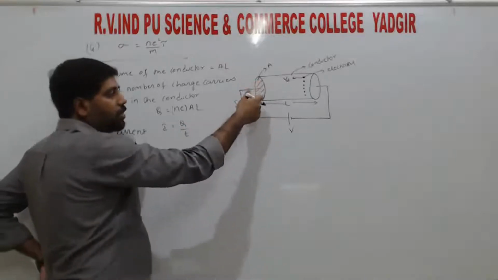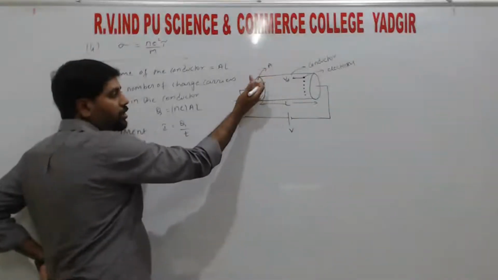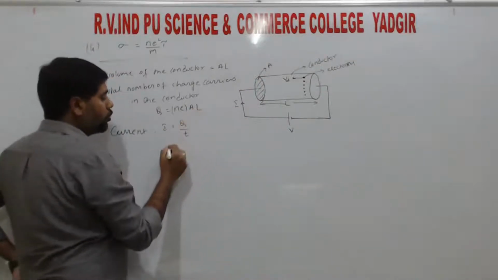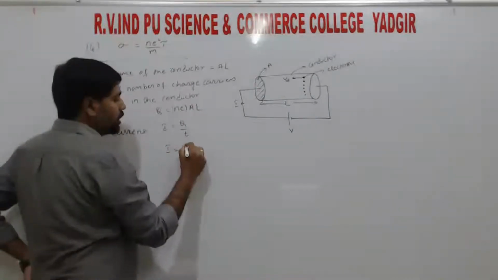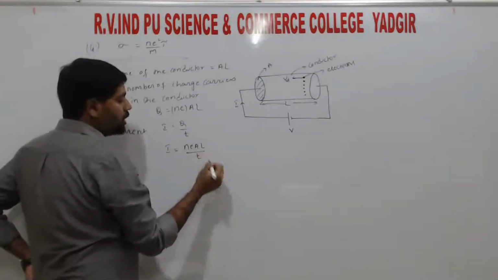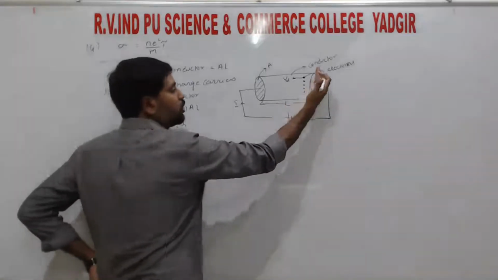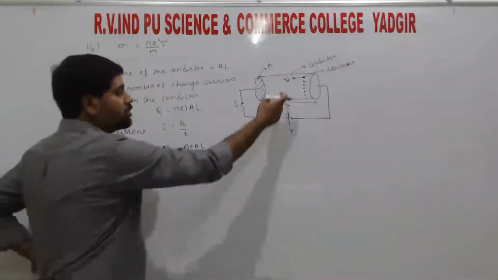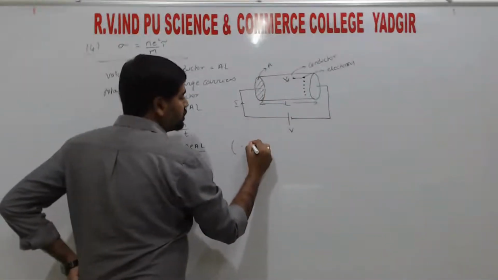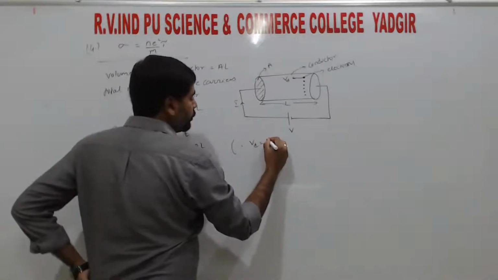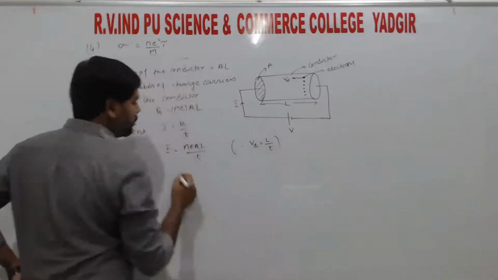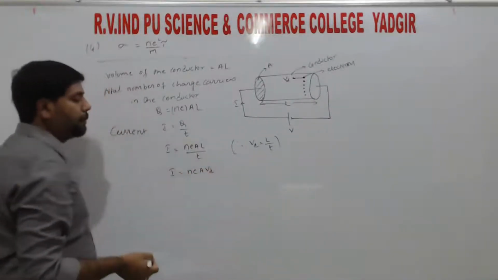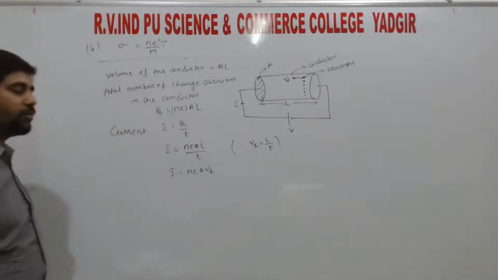The number of electrons crossing this cross section area per unit time is what we call current. So we know the value of Q, that means I is equal to N E A L divided by T. Here L is the length of the conductor, so the electrons move from end to end with time T, having the velocity Vd, right? So Vd is equal to L divided by T. So I is equal to N E A Vd. Distance by time, that we call the velocity.